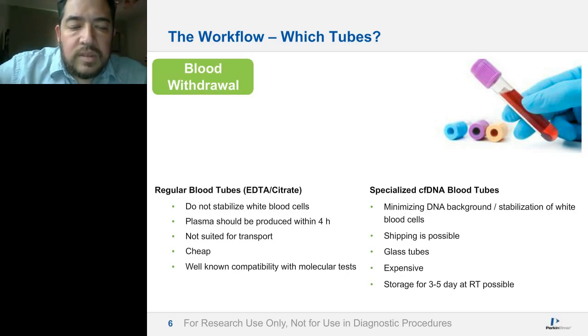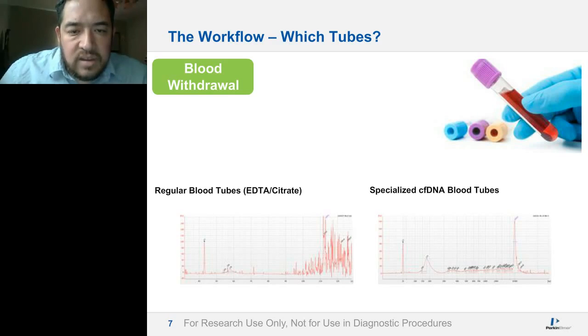So even though the tubes themselves are cheap, you can also have a lot of drawbacks in that you might have to do recollects, especially if the quality of the DNA is not good, either because it degrades or because what we see is a high genomic background, which I'll highlight in this next slide.